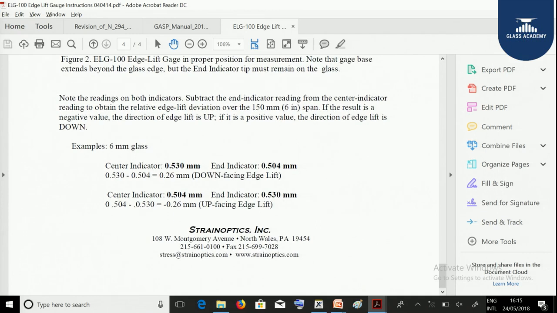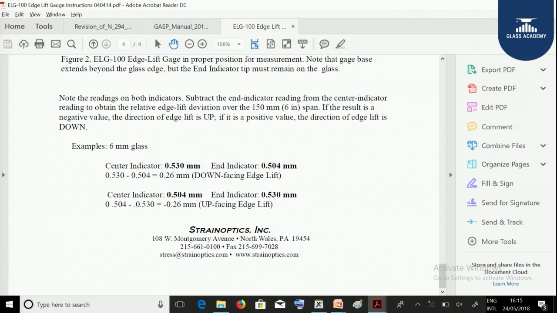The calculation will come like this. If my center indicator is giving 0.530 mm and my end indicator is giving 0.504 mm, in order to measure the edge lift, I should subtract the center reading minus the end reading. So it should be 0.530 minus 0.504, which gives 0.26. If I get a positive value, it indicates the edge lift is down facing.